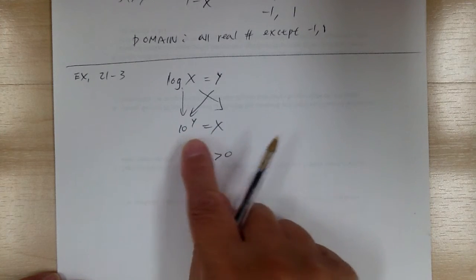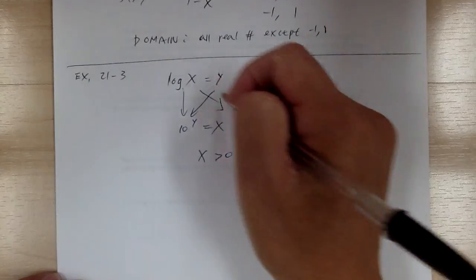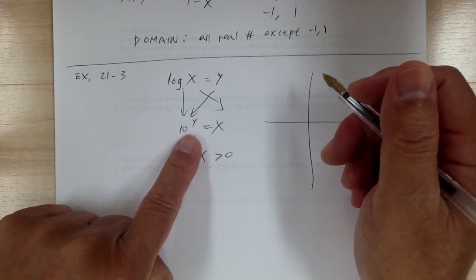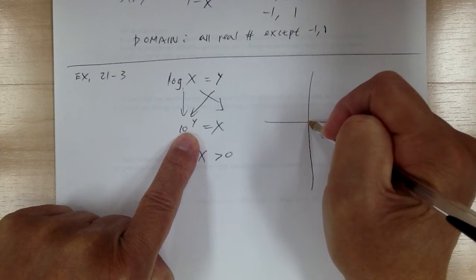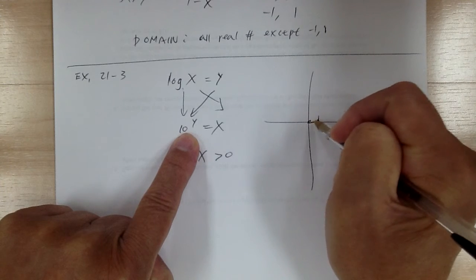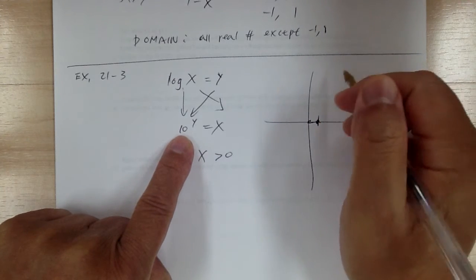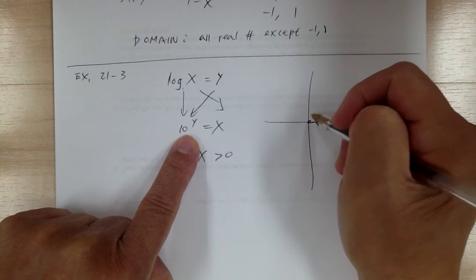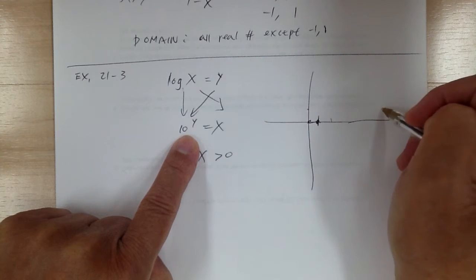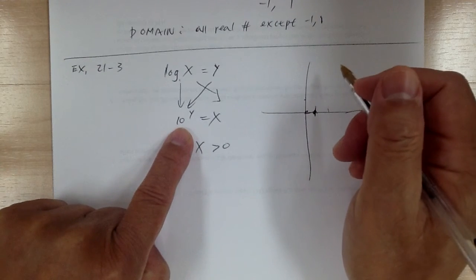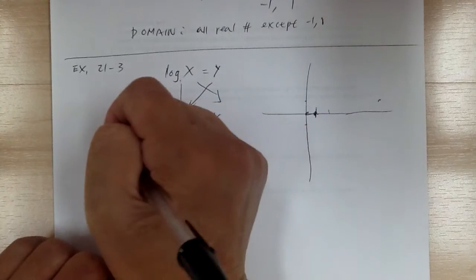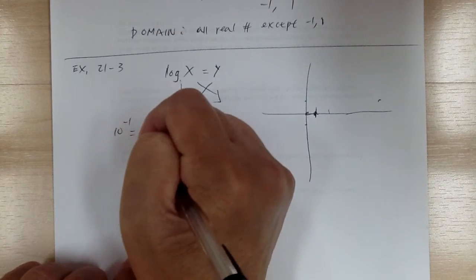Now, if you were to graph that, again, if you let y equal to 0, then x equals 1. If y equals 1, you're going to get 10 over here. Now, if y equals -1, you're going to get 10 to the -1, which is equal to 1 over 10.